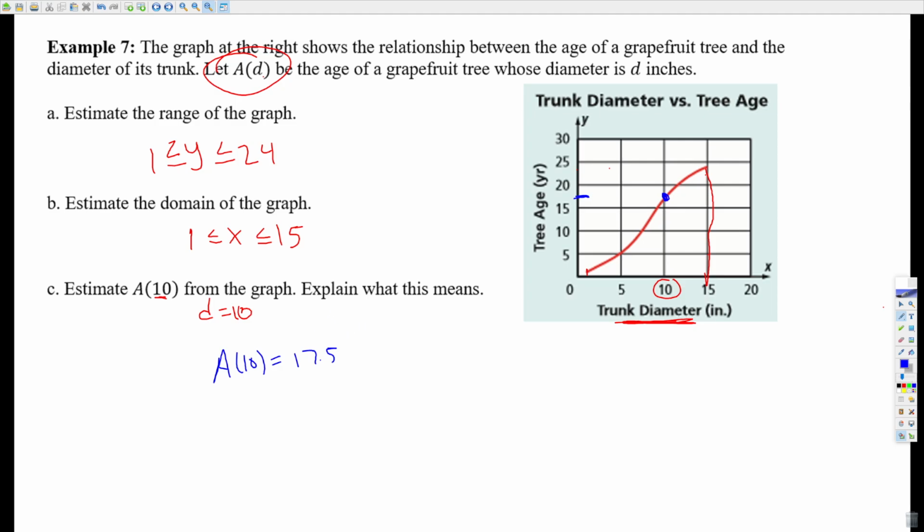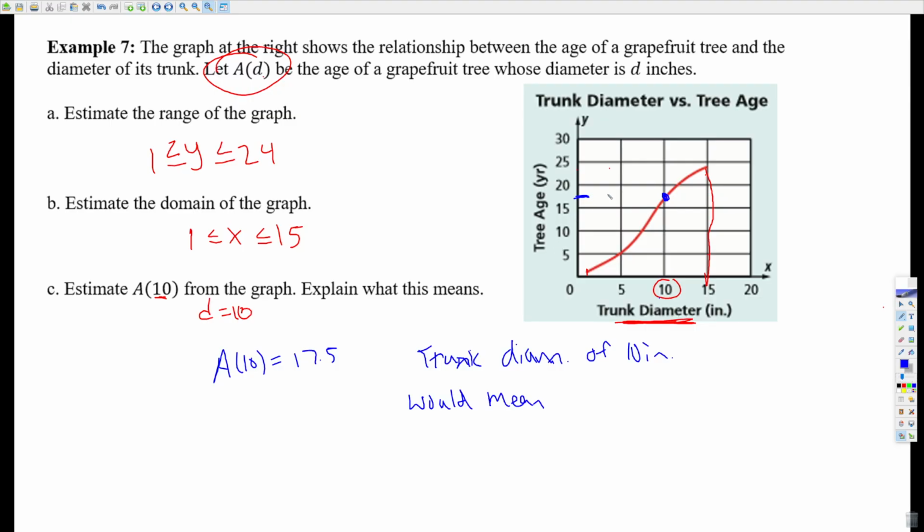What does this mean? So this would mean that a trunk diameter of 10 inches would mean, what are we relating these to?